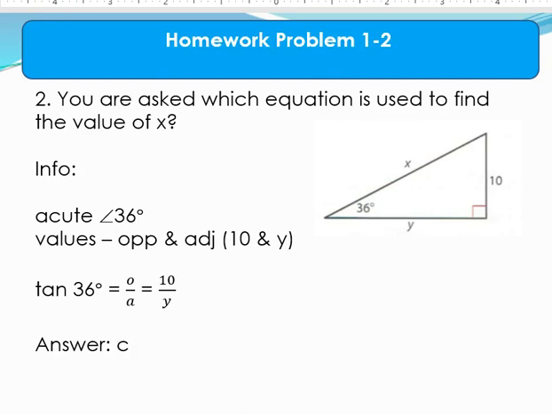So we have an acute angle of 36 degrees, and we have values for opposite, which would be 10, and adjacent. So opposite over adjacent is tan. Now remember, we won't use the hypotenuse to solve these, so we're not saying x over something. So opposite over adjacent, tan 36 equals 10 over y, and that was answer C. So that's how they want you to solve numbers 1 and 2.